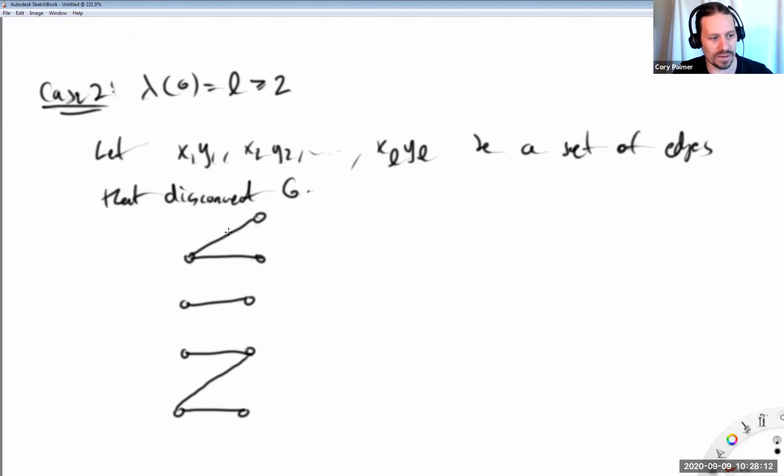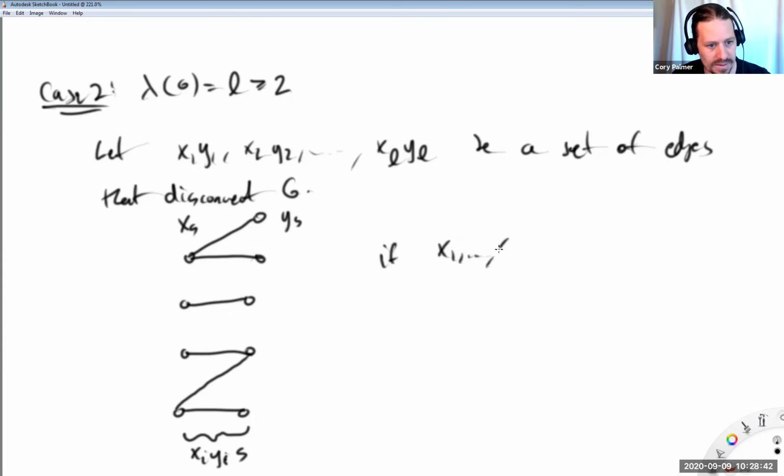So I don't know what these guys look like, but these are the xi, yi's, those guys as removals. So let's say on the left-hand side, these are the x's, and the right-hand side are the y's, just to make life easy. Actually, is that clear that we can draw it that way? Yeah, we can. I mean, we can relabel if we need to in order to get the picture to look like this, okay?